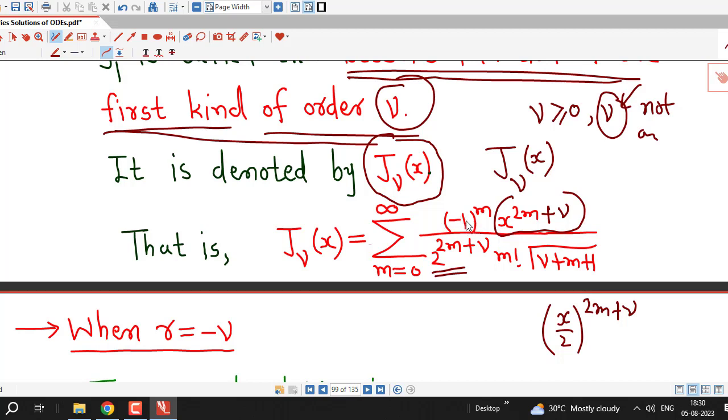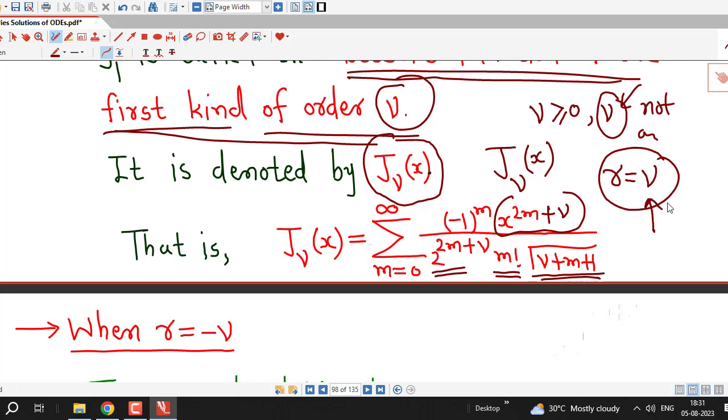All we have to remember is minus 1 raised to m divided by m factorial gamma nu plus m plus 1 into x by 2 to the power 2m plus nu. And this Bessel's function is the solution of Bessel's equation when the root of the indicial equation is r equal to nu, where nu is not an integer.